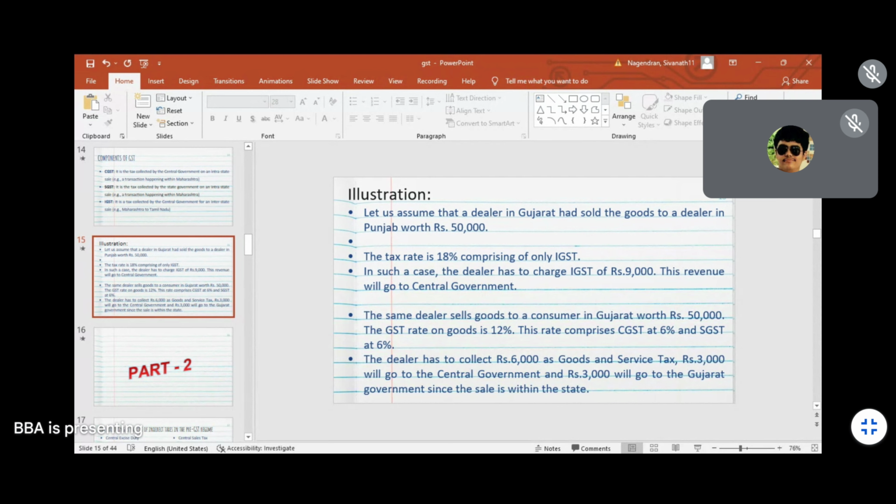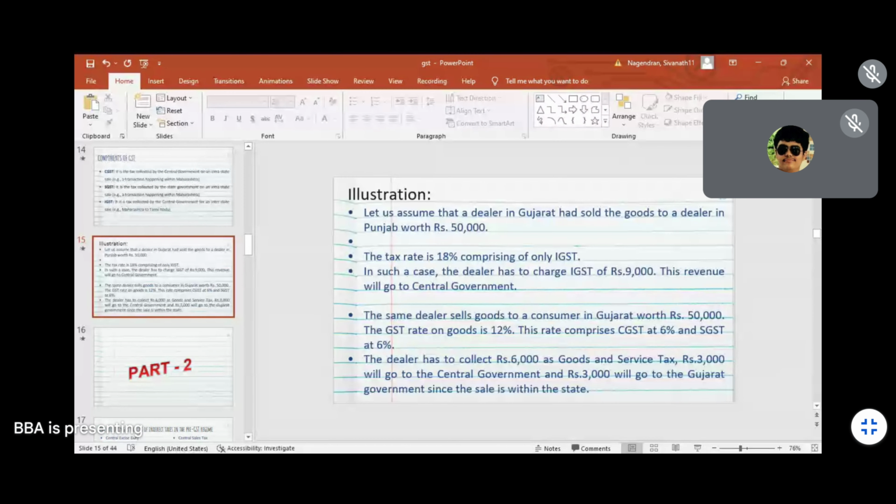CGST is the Central Goods and Services Tax. SGST is the State Goods and Services Tax. IGST is the Integrated Goods and Services Tax. Here is a simple example. We are assuming that a dealer in Gujarat is going to sell a product to a dealer in Punjab. The worth of the product is rupees 50,000.